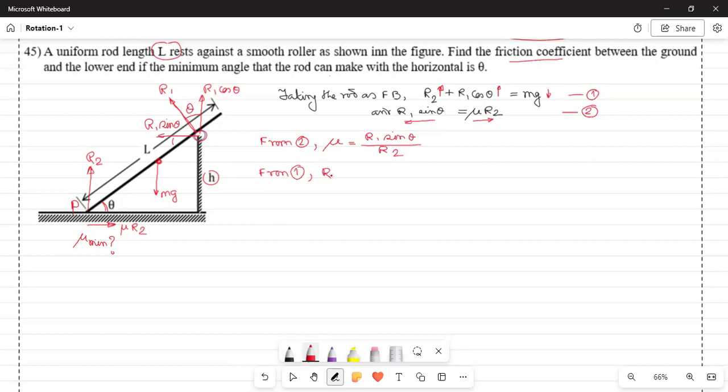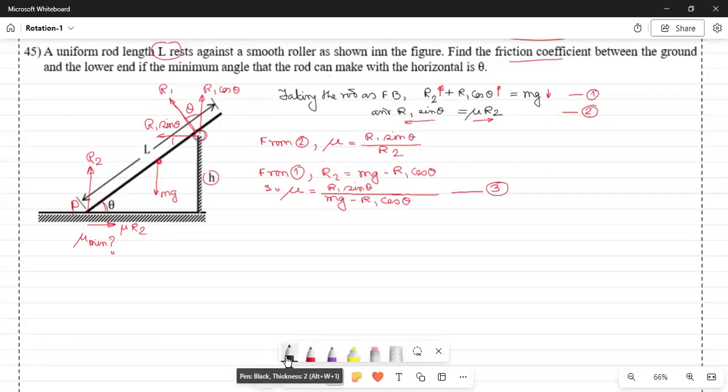R2 is equal to mg minus R1 cos theta. So if you put the value of R2 here, mu is equal to R1 sin theta divided by mg minus R1 cos theta. We call this relation 3.